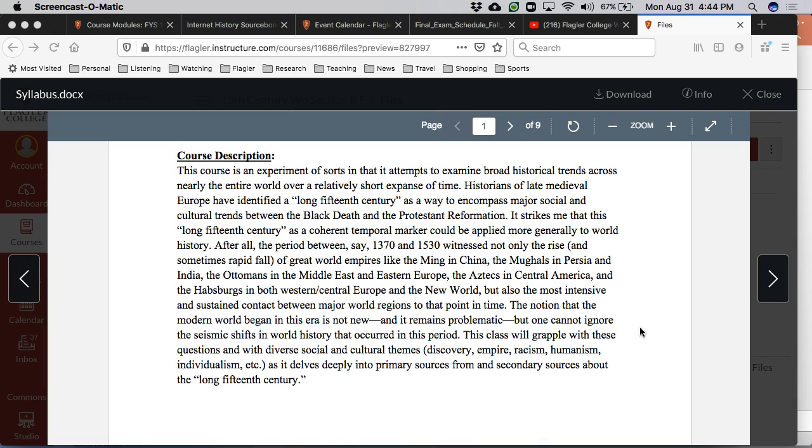Exactly. So, the Aztecs are defeated by Cortez when? 1519, right? So it's a convenient chronological marker here. But that's all, like I said, convenient.